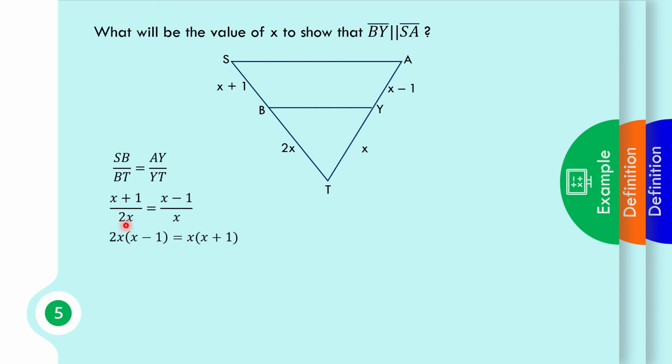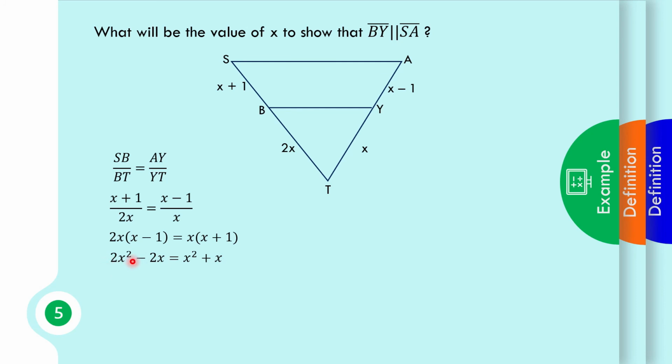Therefore, we will have 2x times x minus 1 here, and x plus 1 times x, or x times x plus 1 here. Let us do the distributive property. Therefore, we will have 2x squared minus 2x is equal to x squared plus x. If you notice here, we obtain a polynomial of degree 2.